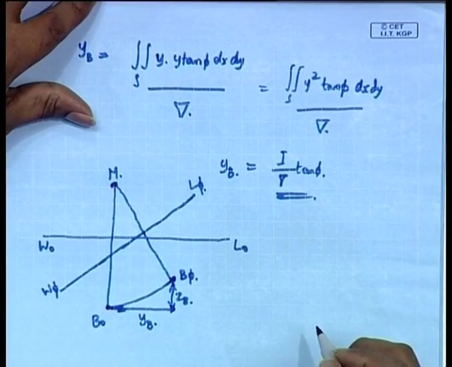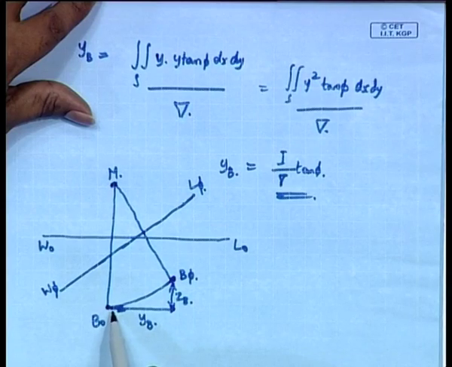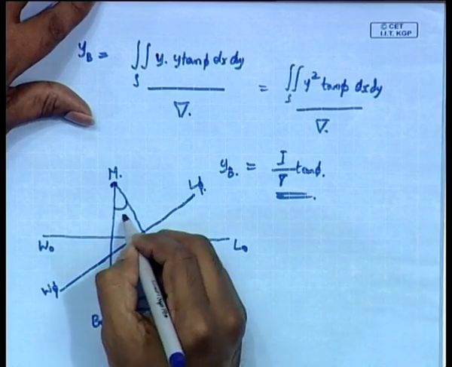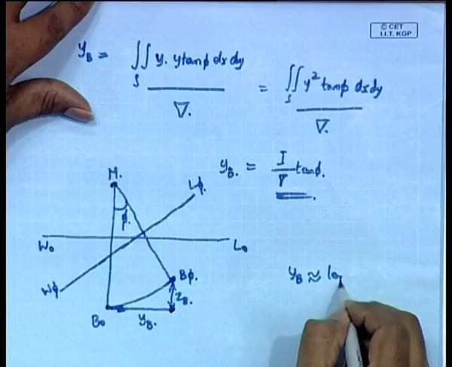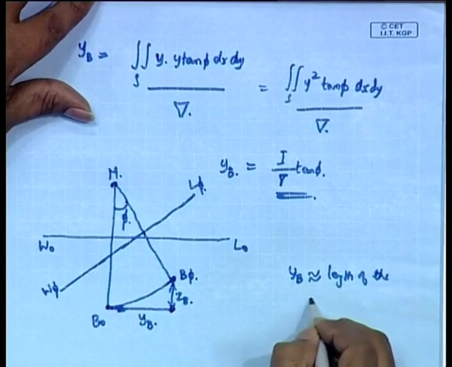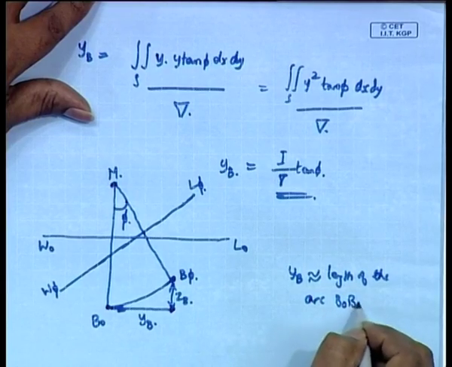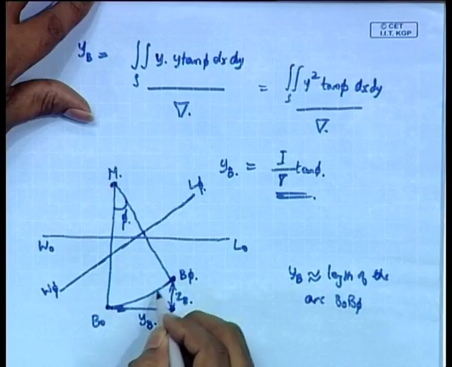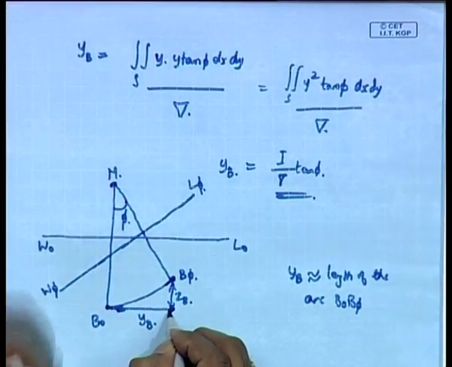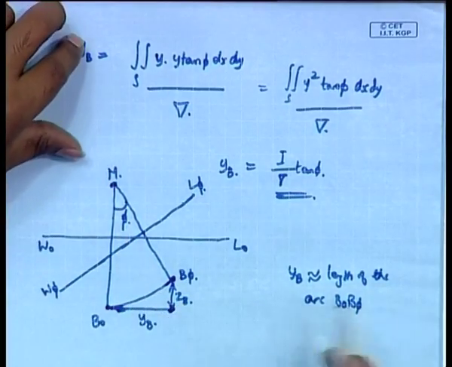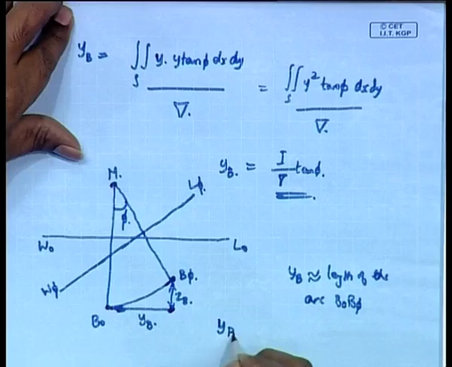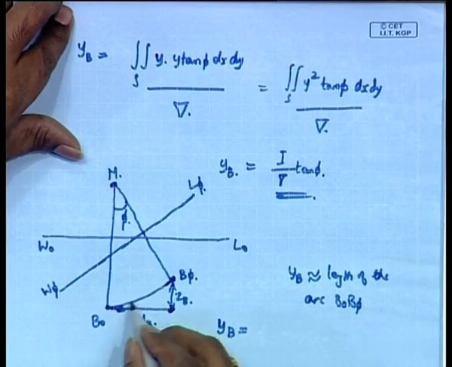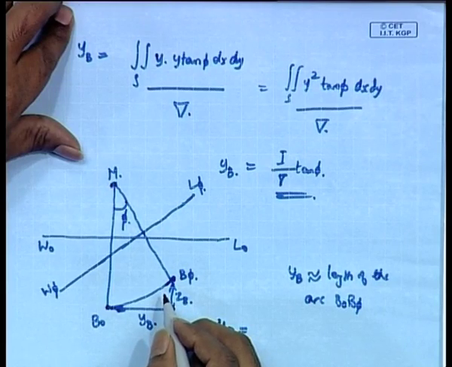So, what we can see is that the distance y b is really this distance, but since we have already said that our angle of inclination phi is small, we can see that y b is approximately equal to the length of the arc B 0 B phi. This arc is almost equal to y b if the angle of inclination phi is very small. So, you get B 0 B phi equals y b, which is the length of the arc. Length of the arc, as you know, is given by r theta.